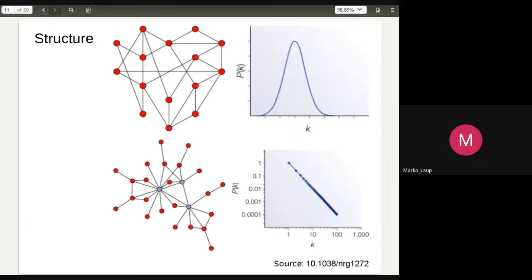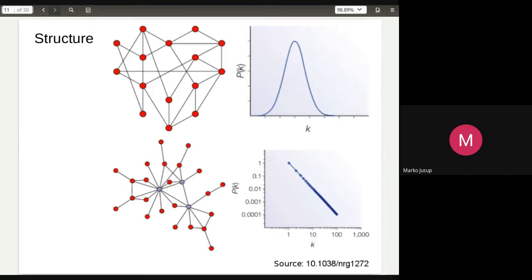The network on the bottom is a scale-free network, a very different type of network in which certain nodes have a lot of links. Those nodes are few in number, but still they can have a huge number of connections. On the other hand, many nodes will have only a few connections.